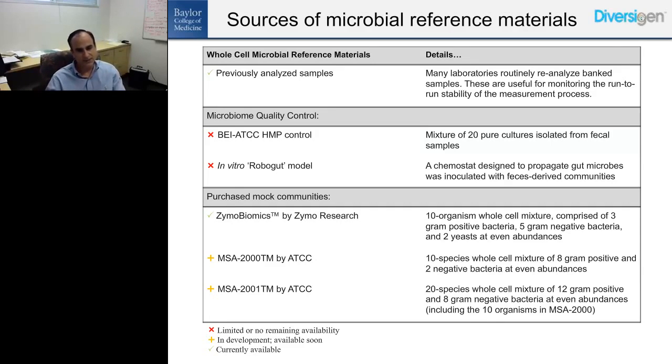Sino Research has the Xenobiotics, which is available, and I'll show you some data from that reference material later. ATCC has 2 reference materials that are not available now, but soon will be, and these were developed with the ABRF Metagenomics Research Group.